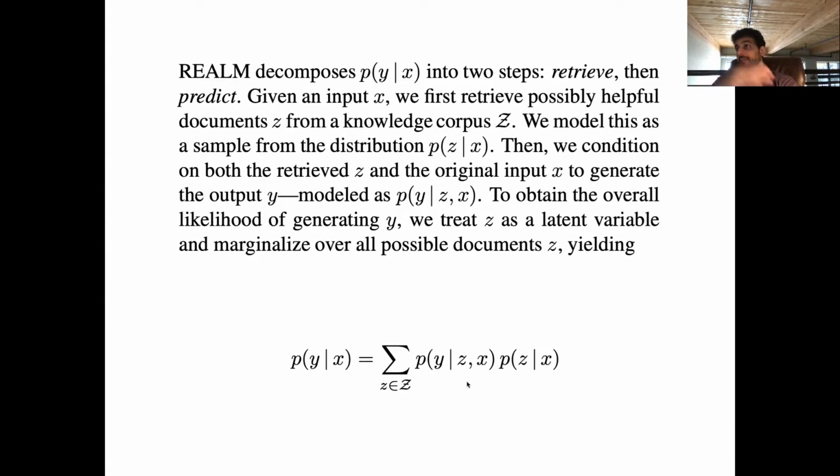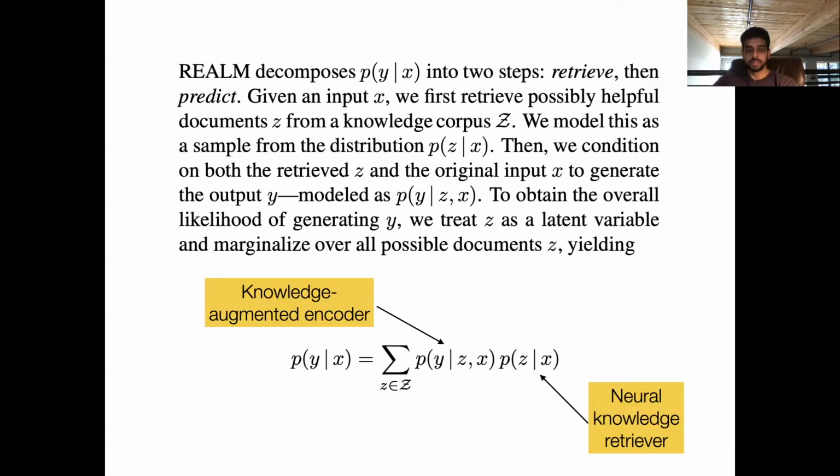So this is obviously hugely expensive. If I have millions of documents and for every single mask prediction I'm going to be doing this summation over documents, you're just not going to be able to train this model. But luckily, there are some nice tricks that you can do to make this more efficient.